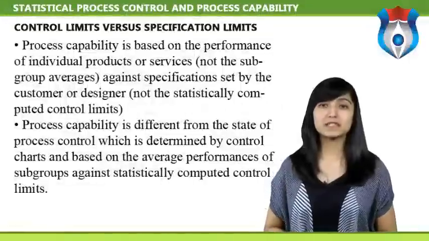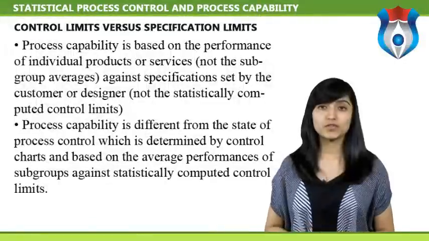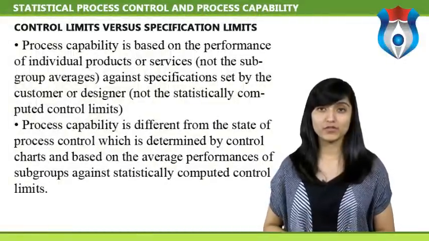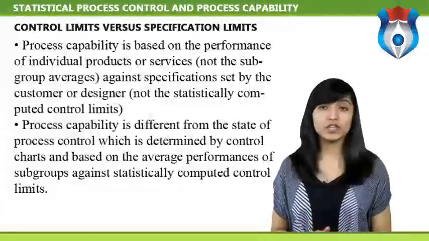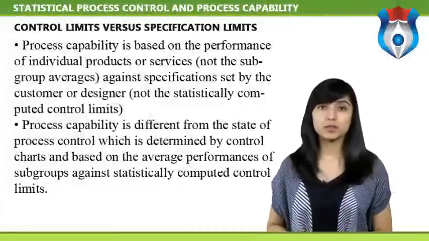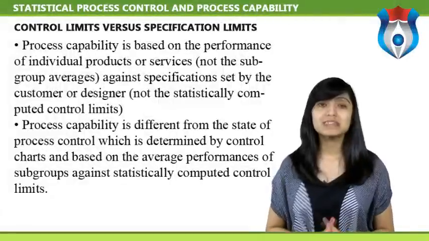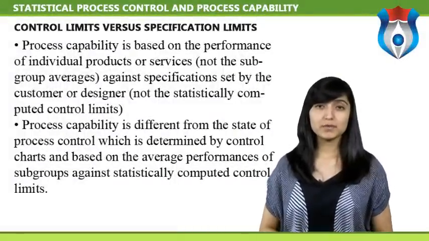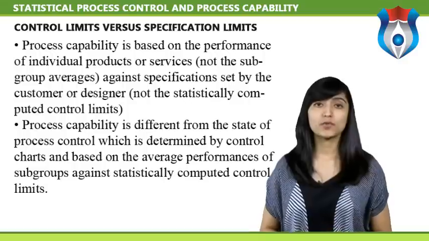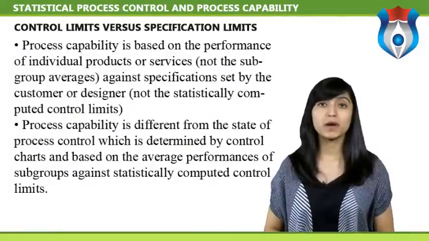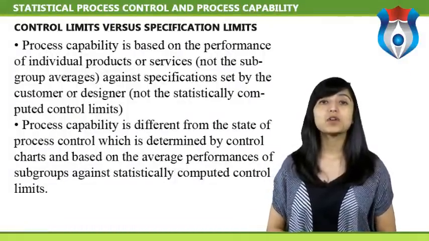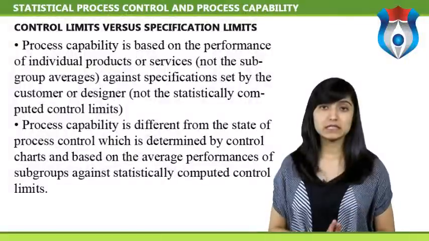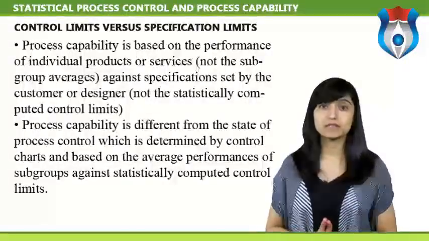Process capability is based on the performance of individual products or services, not the subgroup averages, against specifications set by the customer or designer, not the statistically computed control limits. Process capability is different from the state of process control, which is determined by control charts and based on the average performances of subgroups against statistically computed control limits.